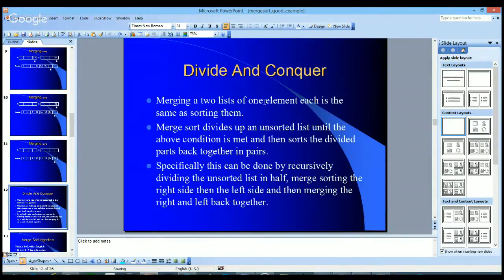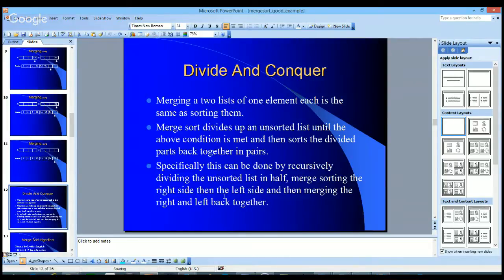To get to those two already sorted lists, MergeSort implements the principle of divide and conquer. If we get an unsorted list of numbers, it starts to split it up into two parts, which we can say divides the list, and the process is continued till it reaches the leaf level.